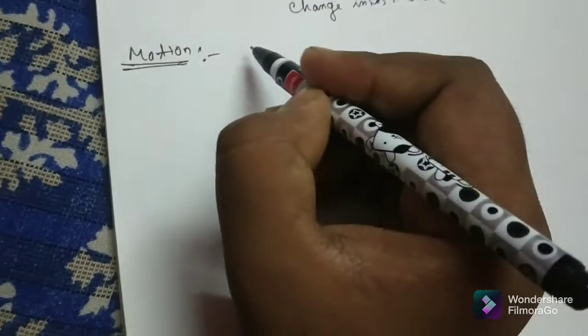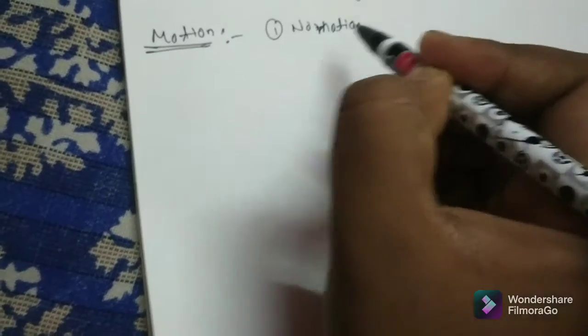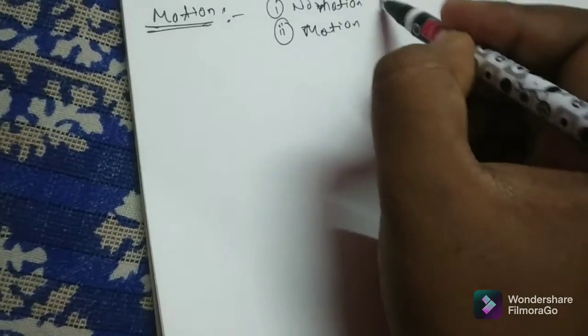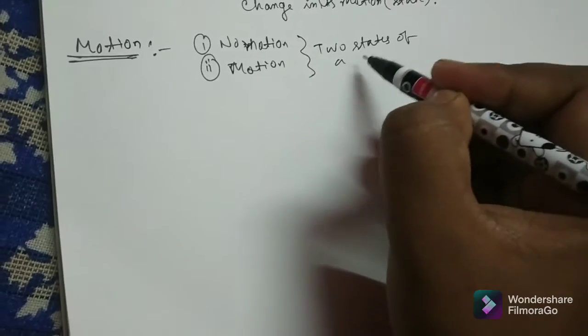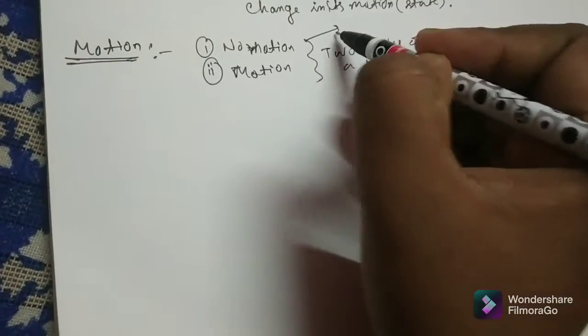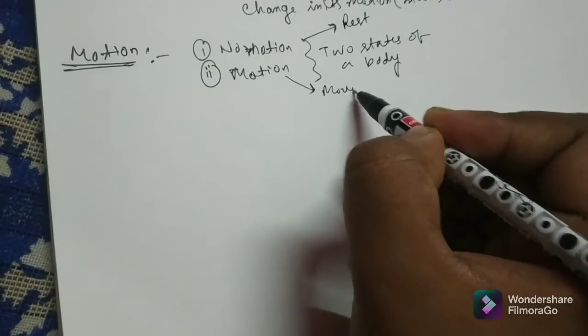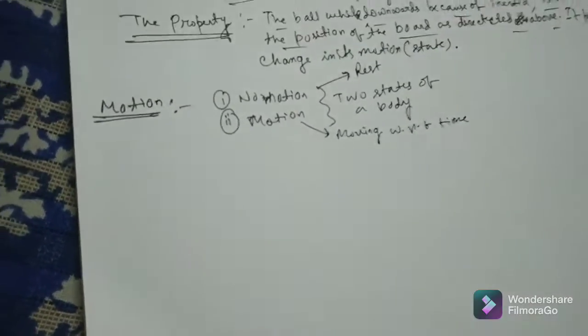Motion is of two types: no motion and motion. These can be stated as the two states of a body. No motion means, from common sense we can know that it's at rest, and motion means it's moving with respect to time, obviously.